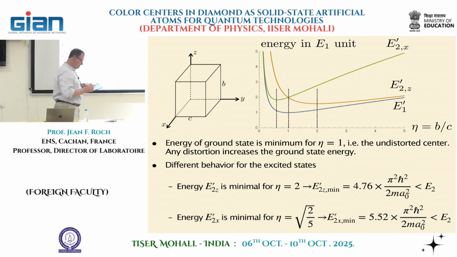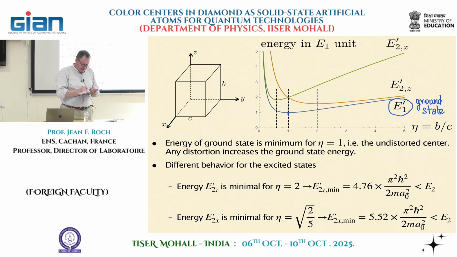And there are two different curves. The first curve that we have here, this one, is for the ground state. What we see is that the minimum here is obtained for eta equal 1. For the ground state, the lowest energy that can be achieved is for the highest symmetry, the cube.